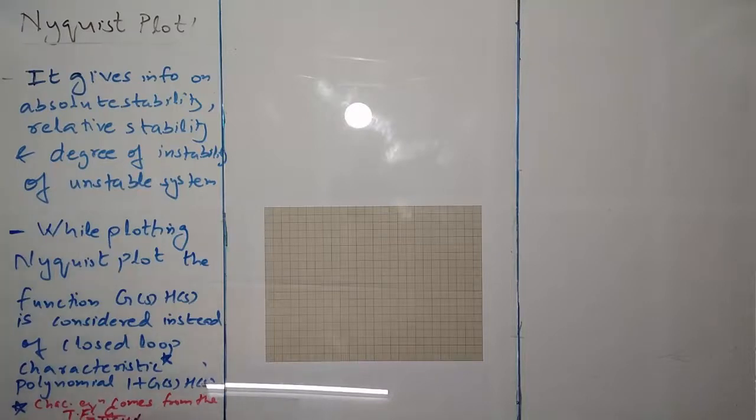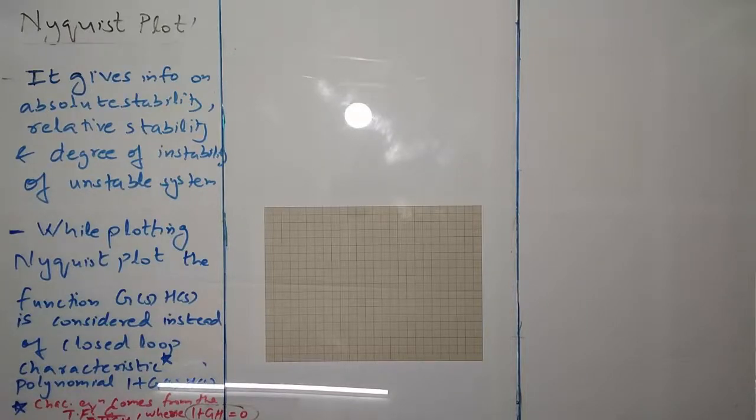If you equate the denominator polynomial 1 plus GH equal to 0, this particular polynomial is termed the characteristic equation. Once you draw the Nyquist plot, the stability of a closed loop system as well as that of the open loop system can be determined.